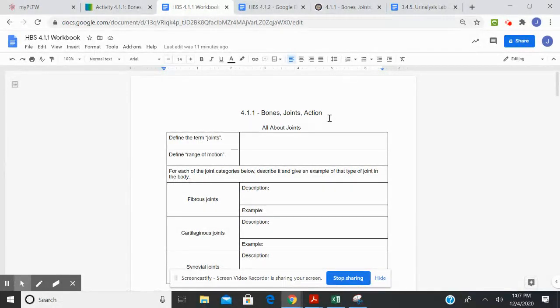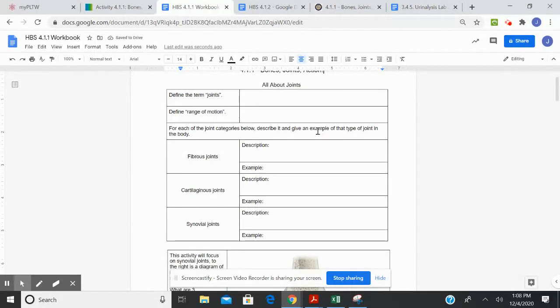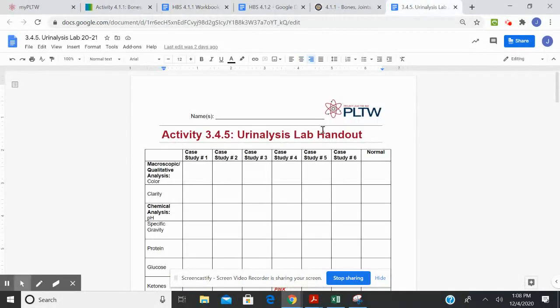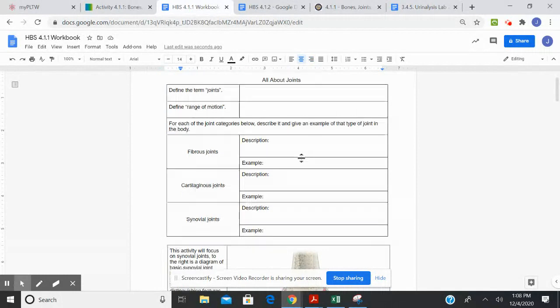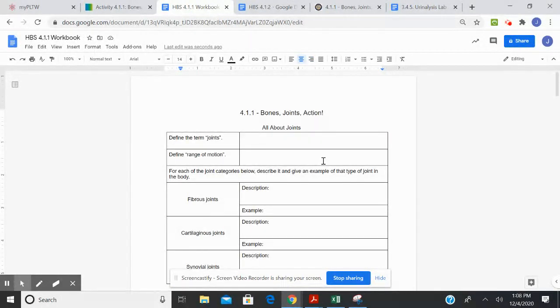But the bones, joints, action, that is the one I want you to work on in addition. So you're going to finish the urinalysis lab, make those diagnoses, turn that in, right? Finish that up, and then start here. Now, where do you get the resources for this? So it's going to talk about bones and joints. Primarily, we're talking about where bones come together, and how those allow for movement.